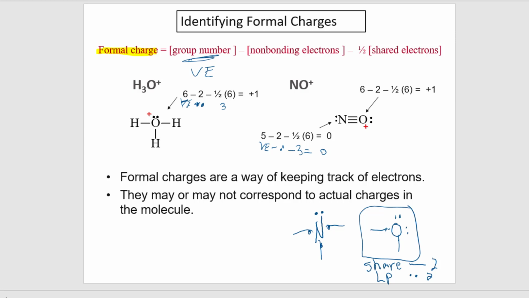It has to do more sharing. That means I have less for myself. Therefore, you see a +1. You see the positive. So if you can identify when atoms are outside of their bond trend, you can spot where there's going to be formal charges more quickly. And sometimes you can rationalize which direction that charge is going to go. If it normally has 2 lone pairs all to itself and it has fewer now, fewer electrons means a positive charge. So there's a qualitative way to look at this.